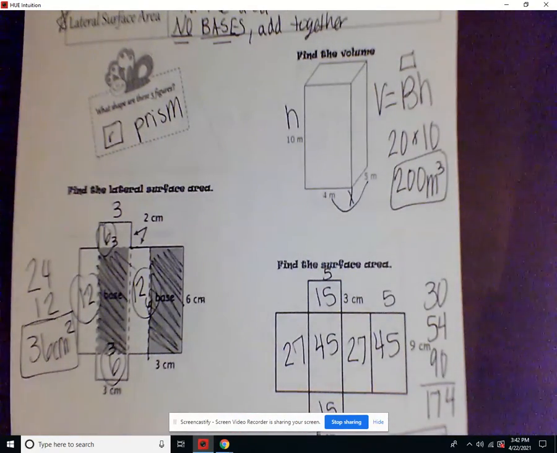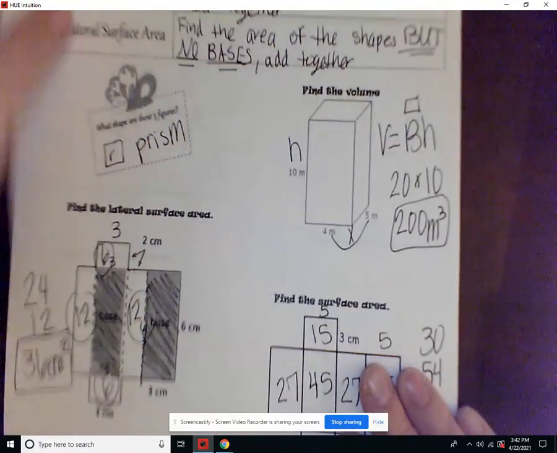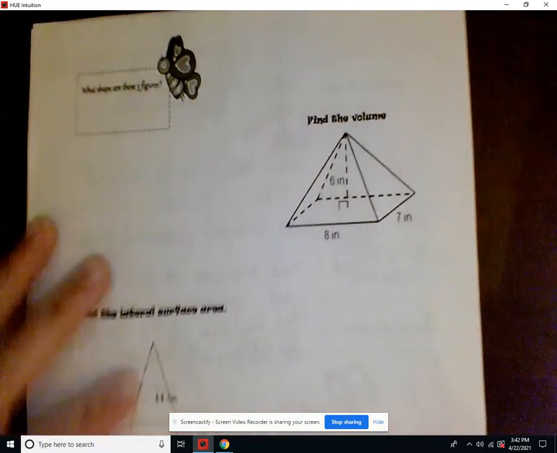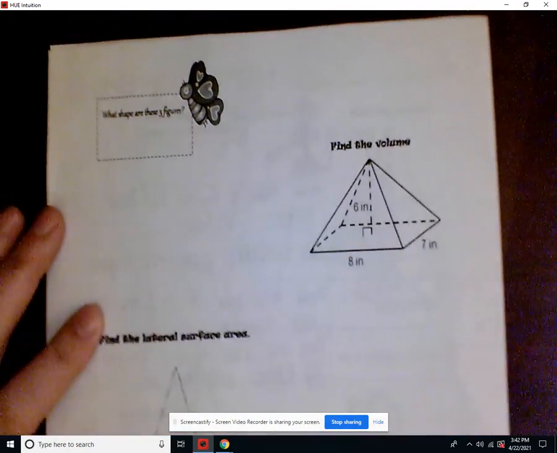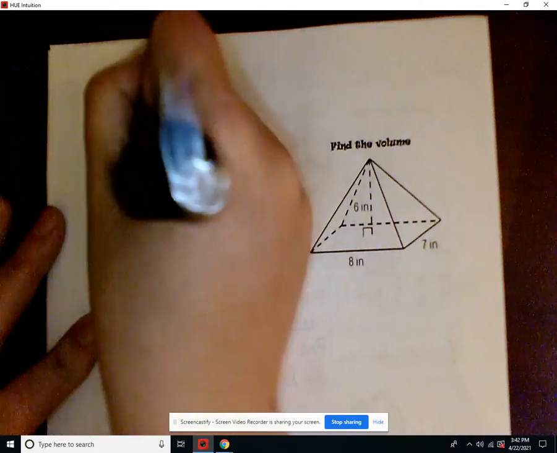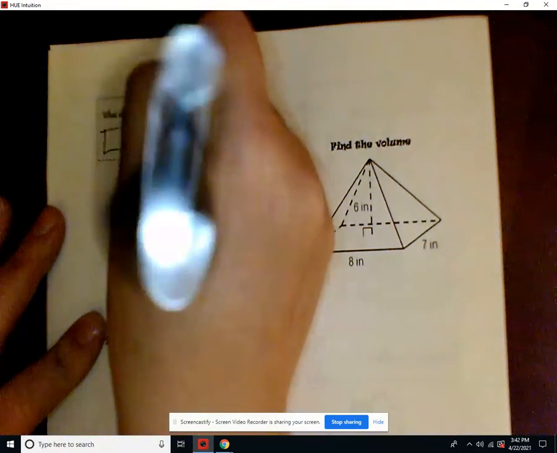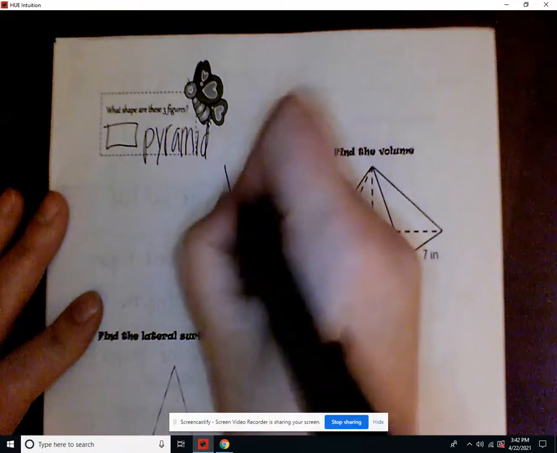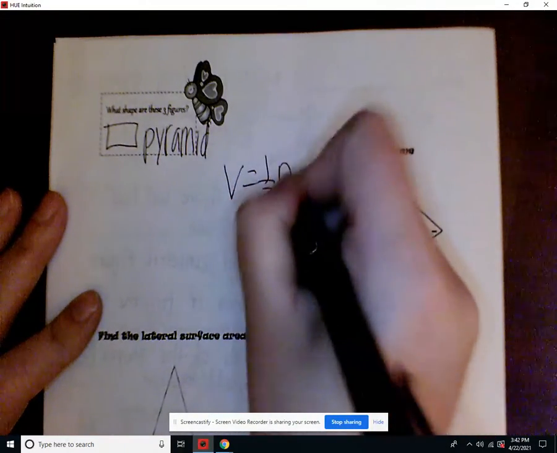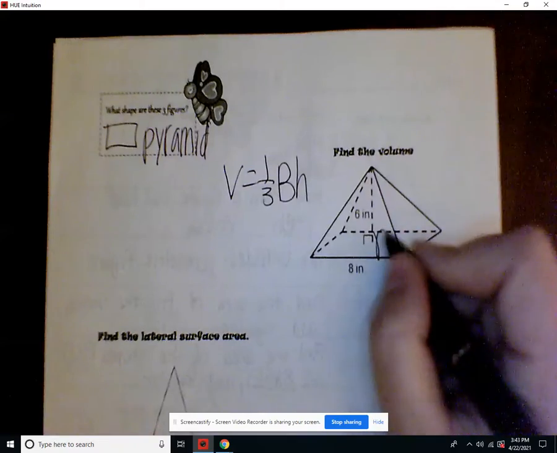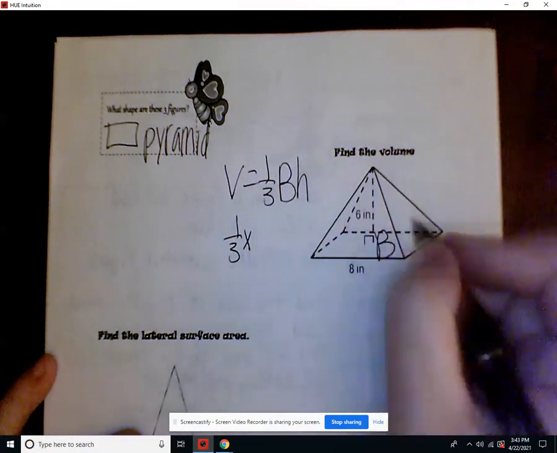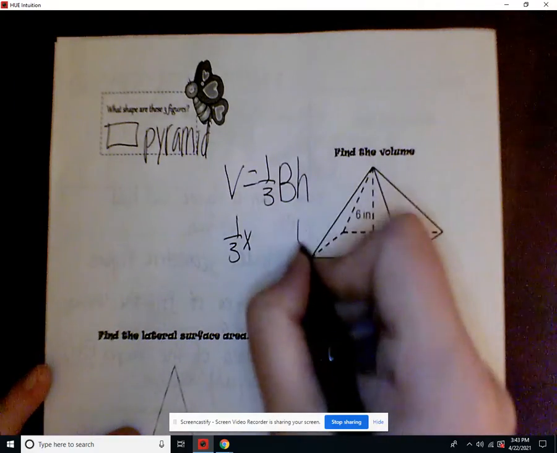All right, so let's look at a couple more shapes. Okay, so for this shape, it's a pyramid. This is going to be a rectangular pyramid. So since it's a pyramid, we're going to use for volume 1/3 BH. So there's my base. My height of the pyramid is going to be 6.